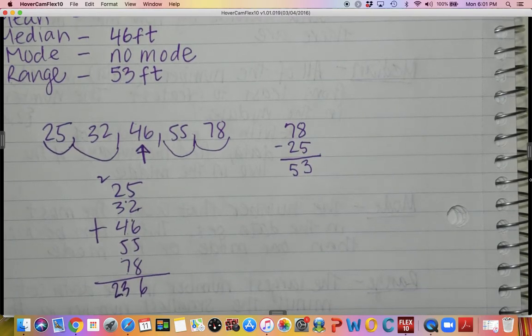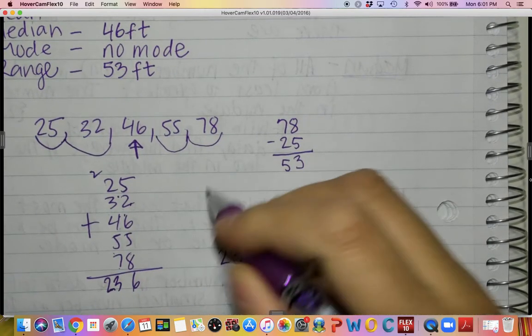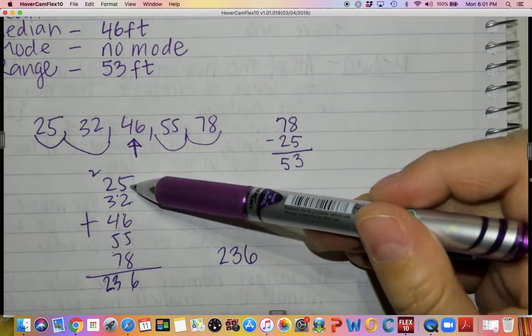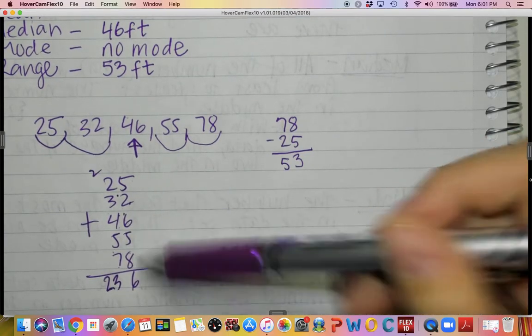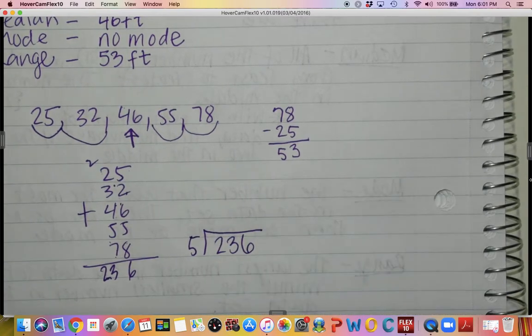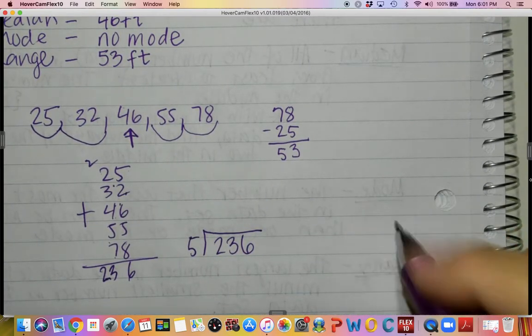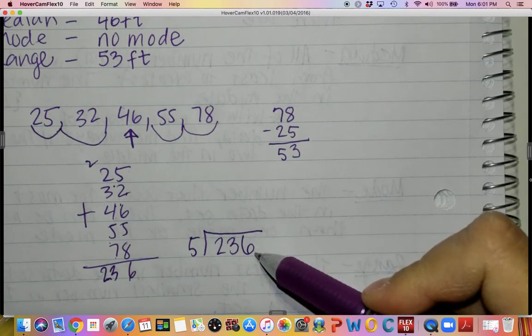So what I'm going to do is I'm going to take 236 and I'm going to divide it by the amount of numbers I added up. So 1, 2, 3, 4, 5. I already know just by looking at this that my answer is going to be a decimal or a fraction, because this 6 is not a 5 or a 0.